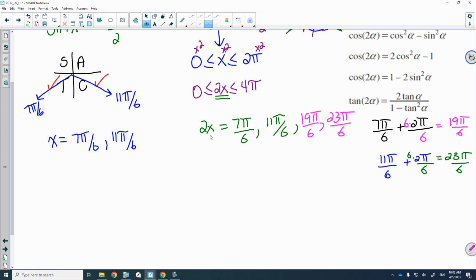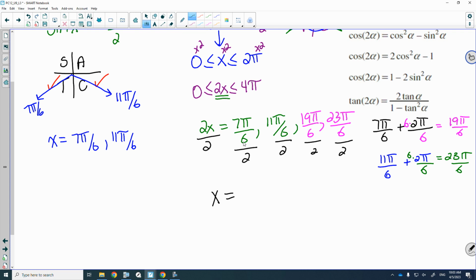I need to find what x is equal to. So I'm going to divide this by 2, and each of these numbers, I'm going to divide by 2. X is equal to, it looks complicated, but it's not. 7 pi over 6 divided by 2 would be the same thing as 7 pi over 6 times 1 over 2.